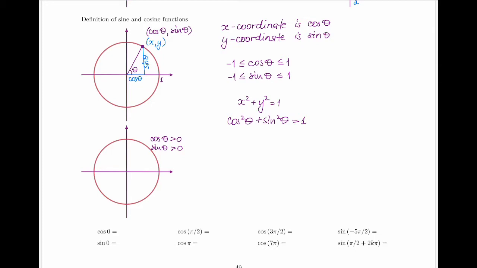Applying the same logic to the other quadrants, so let's take a look at these points right here. The x-coordinates of them are negative because they're to the left of the origin, which means that cosine, which is the x-coordinate, will be negative. But the y-coordinates of all of these points are still positive, which means that the sine will still be positive. In the third quadrant here, all the x-coordinates are negative and all the y-coordinates are negative, so both cosine and sine will be negative.